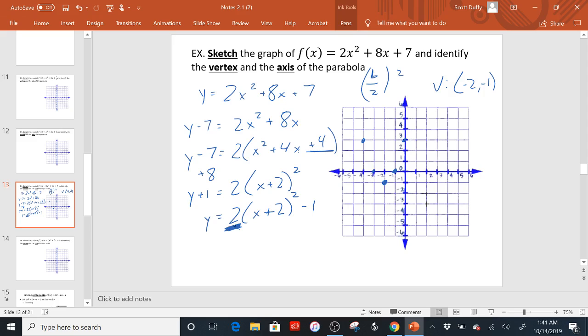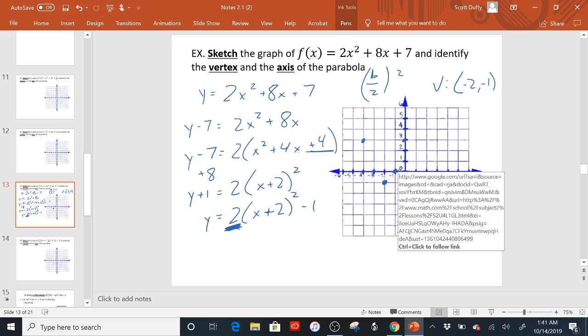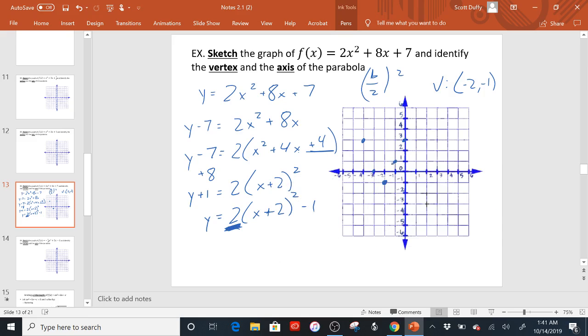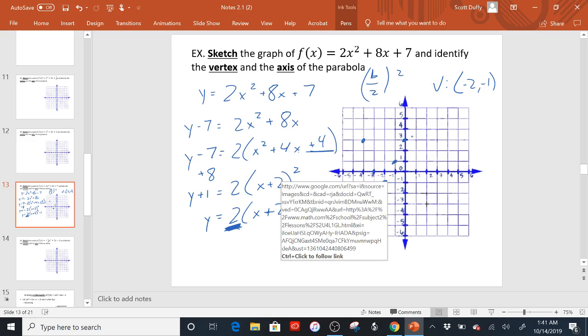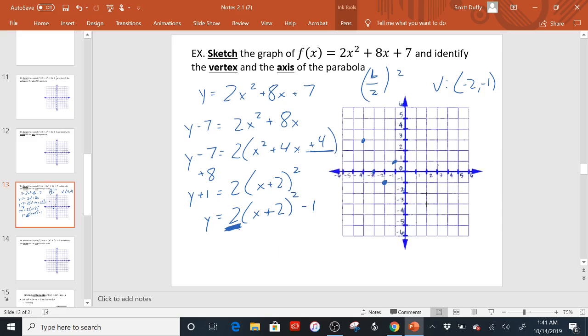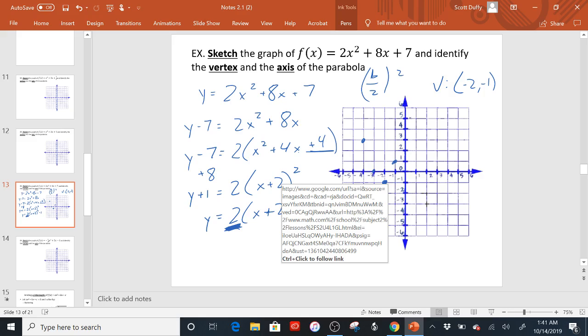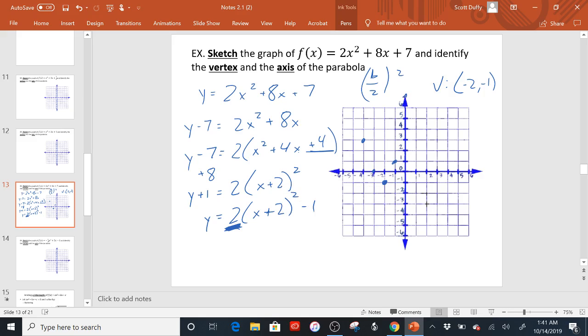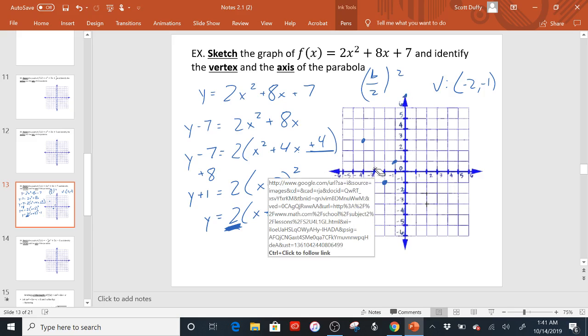So instead of going over 1, up 1, it's really going over 1, up 2, and then over 2, up 8, which should make it right about there. Do the same thing on the other side.